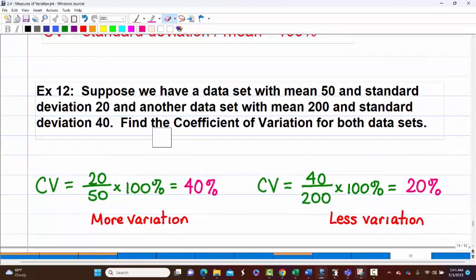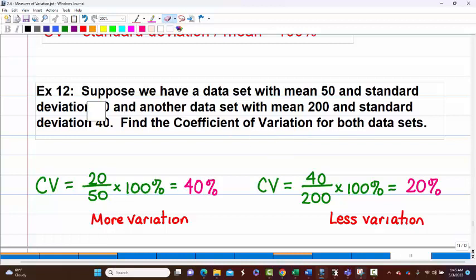So we have a data set with mean 50 and a standard deviation of 20, and another data set with a mean of 200 and a standard deviation of 40. You can't automatically look at this and say, oh, 40 is bigger than 20, that means it's more scattered, because the means aren't the same. If the means are the same, we can absolutely say that.